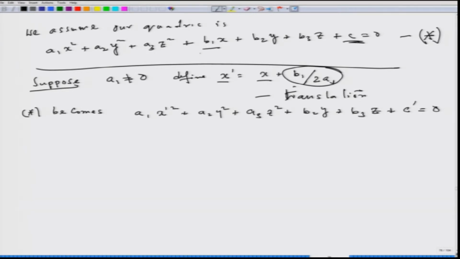So, this b1 x term will go out, correct, because 2 x prime b1 divided by 2 a1 will come, a1 will cancel that and this negative will cancel b1 x.